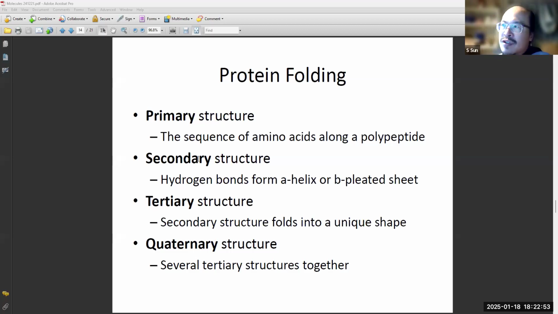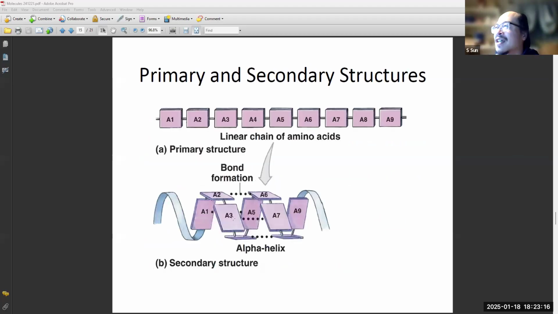But what are those structures? Primary structure is easy. It's a linear structure. Secondary structure is two-dimensional in a way, or a simpler form. It's basically two forms. One is a helix. So it's like that. So this is a helix. It's not a string, it becomes a coil, a coil of a helix.